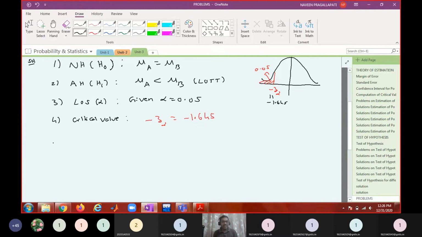Now the test statistic is the same whether you apply two-tail test, left one-tail test or right one-tail test; the test statistic is not going to change. What is that value? Directly I will write down the value. S cap equal to x A bar minus x B bar minus delta.